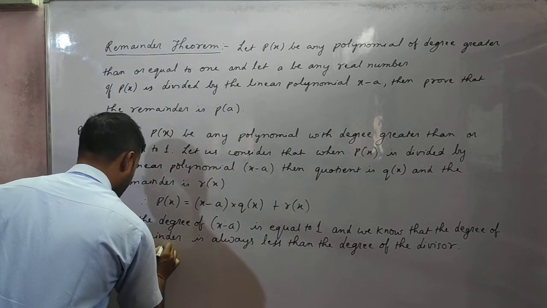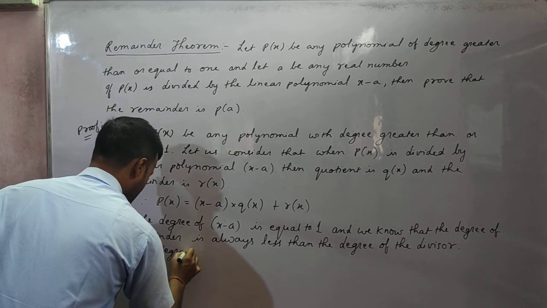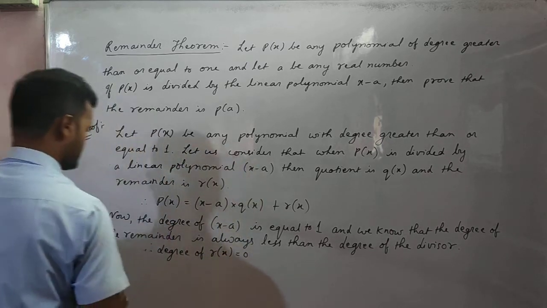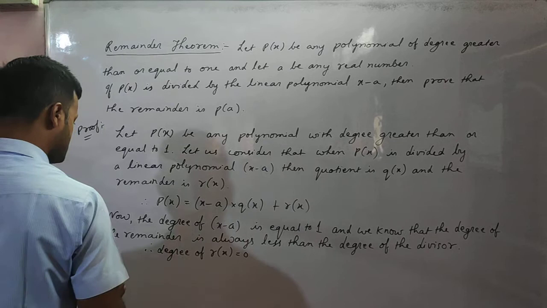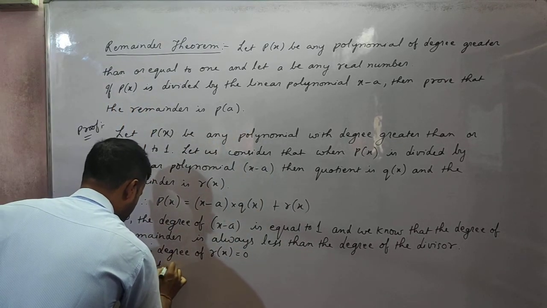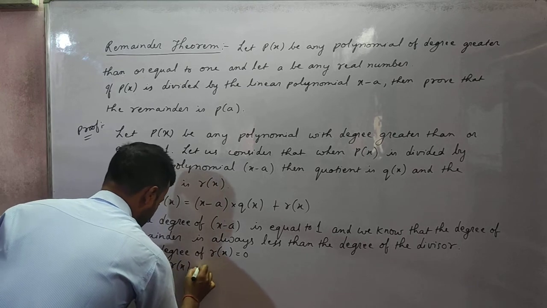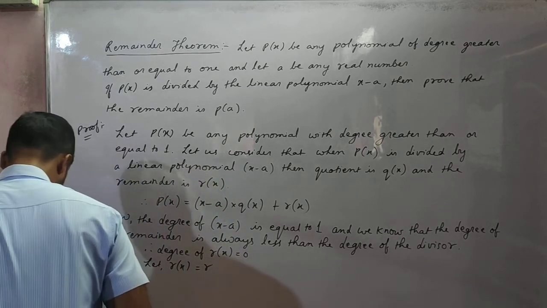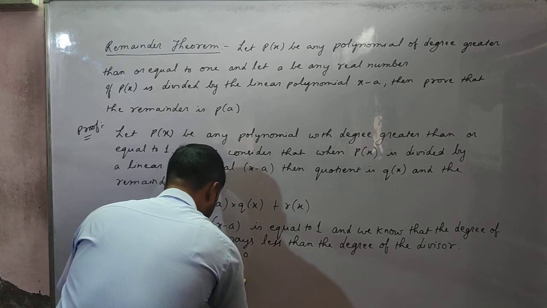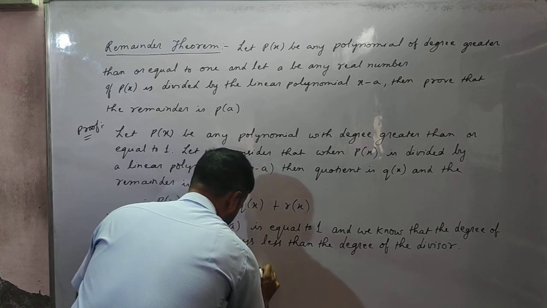Therefore, degree of r(x) is equal to 0. Let r(x) is equal to r, a constant.